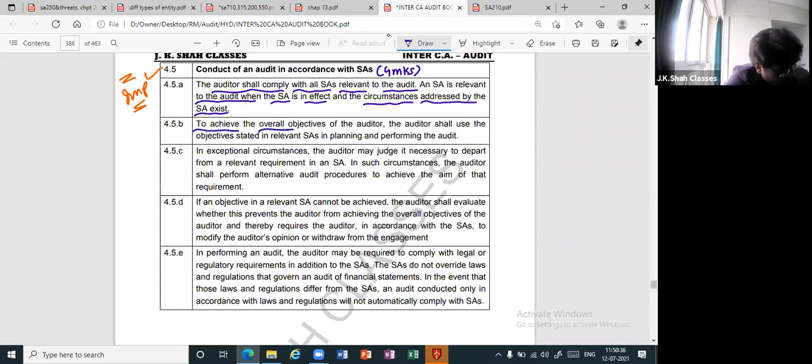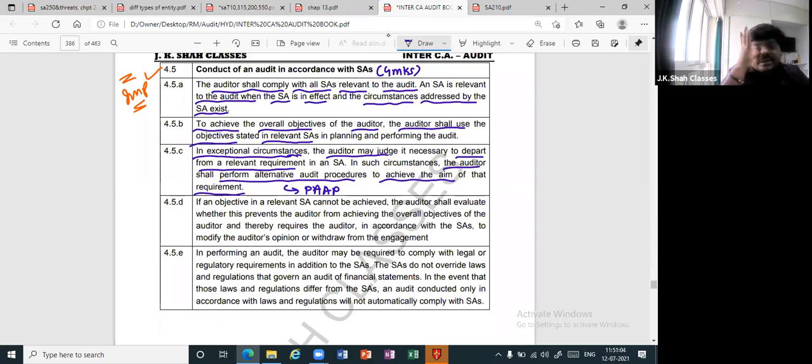Next, to achieve the overall objectives, the auditor shall use the objectives in the relevant SAs. So to clear Inter CA, first you clear all the individual subjects. That's the meaning. However, in exceptional circumstances, the auditor may judge it necessary to depart from a relevant requirement. In such circumstances, the auditor shall perform alternative audit procedures to achieve the aim of that requirement.